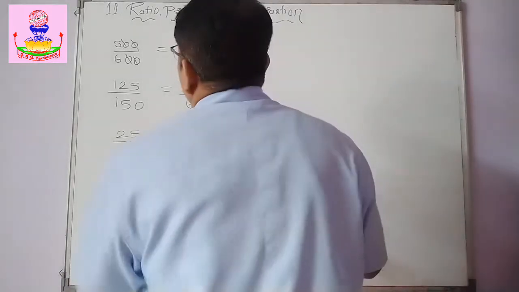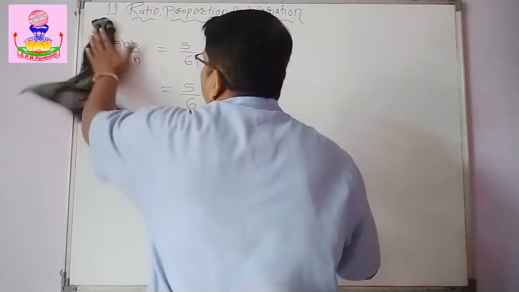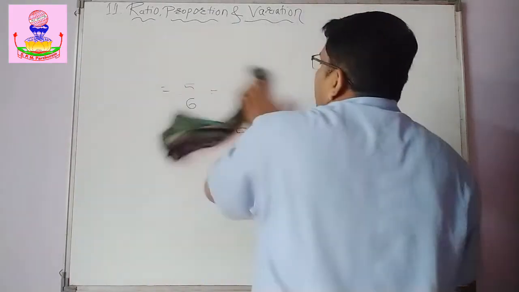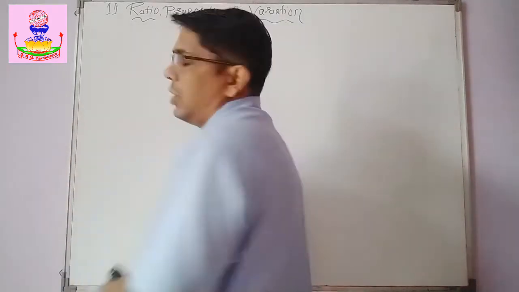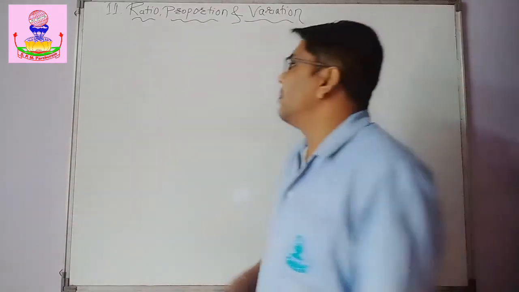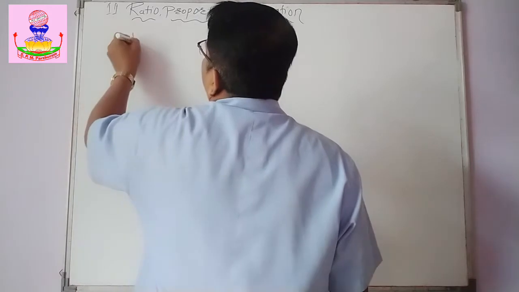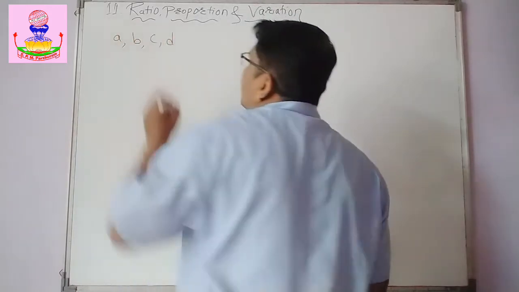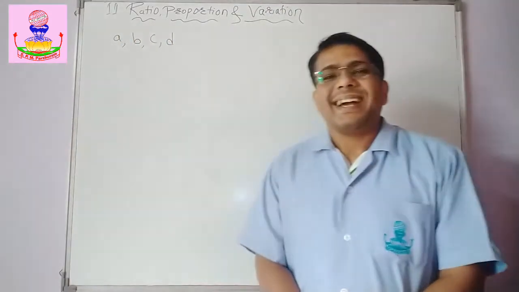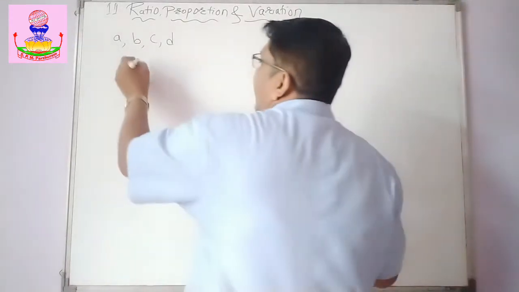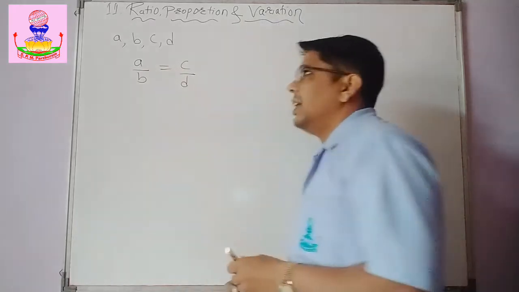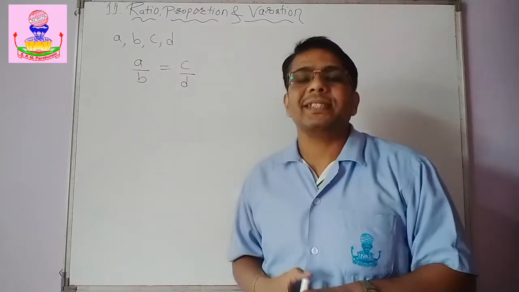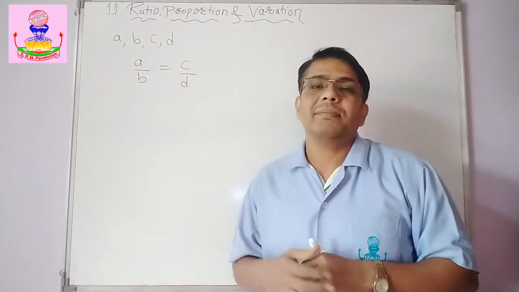Now next term, that is proportion. Suppose 4 non-zero numbers A, B, C and D are such that A upon B is equivalent to C upon D. Then the 4 numbers A, B, C, D are said to be in proportion.